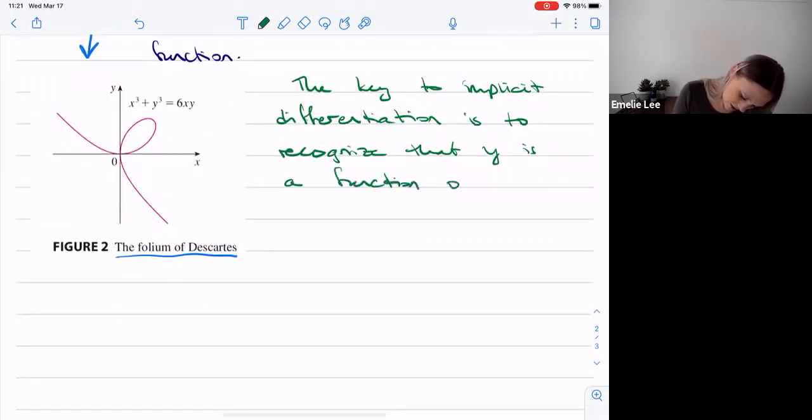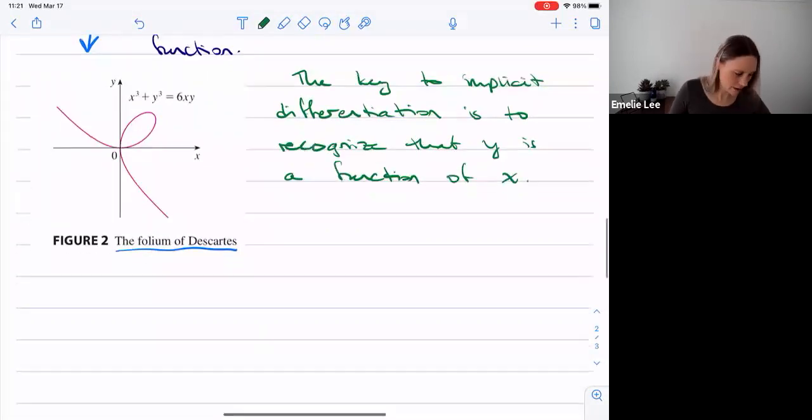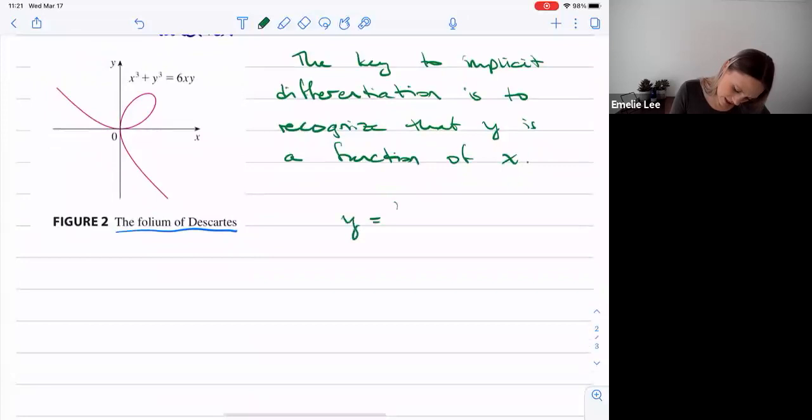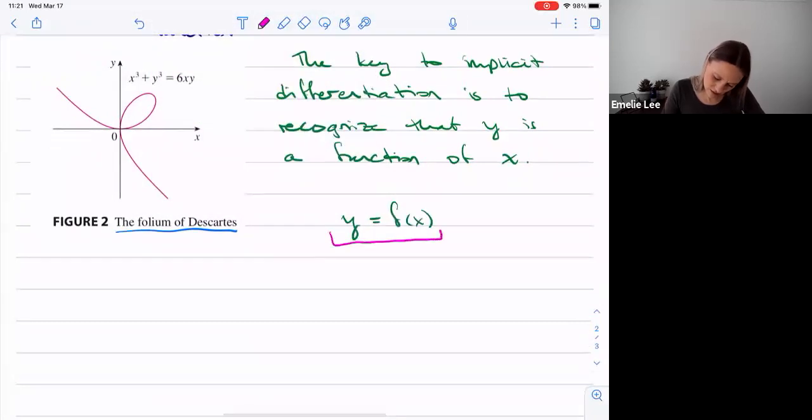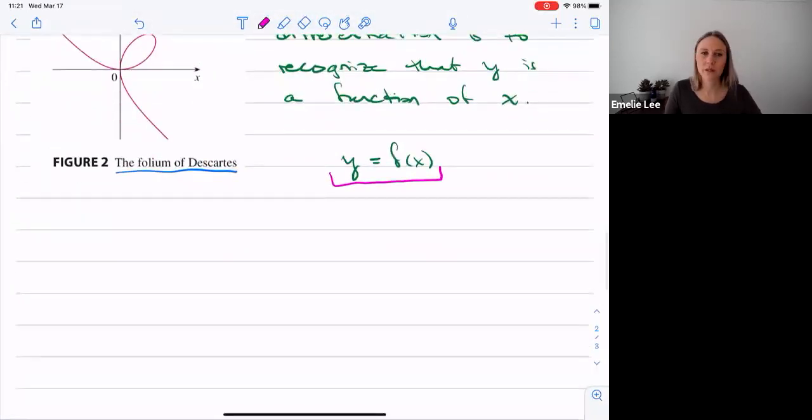So that means that y is some function of x, which means we need the chain rule around y. So this requires the chain rule.